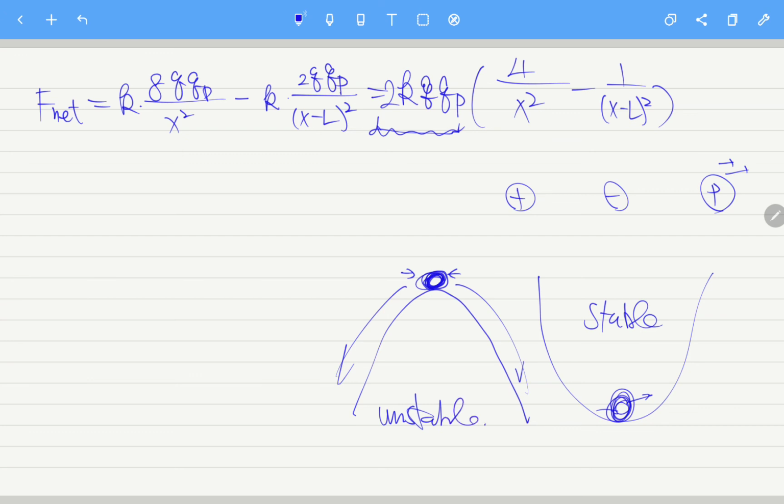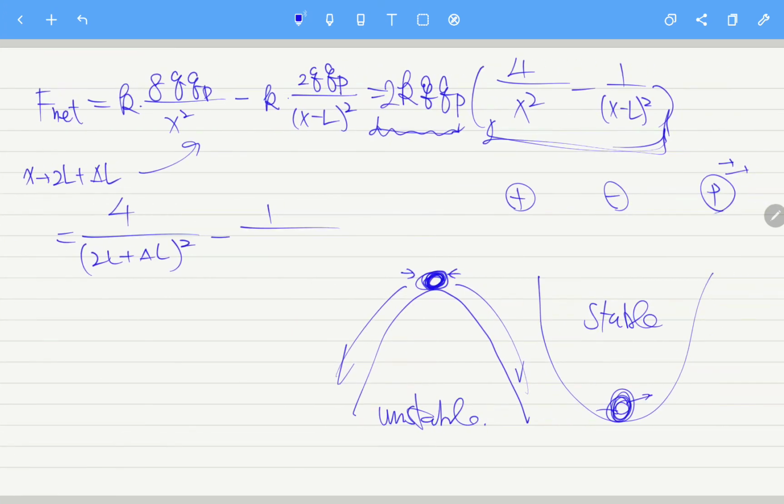So here we make x to be 2L plus a small delta L, and plug it in. Then F net, considering just this term, will be 4 over 2L plus delta L squared, minus 1 over 2L plus delta L minus L squared.